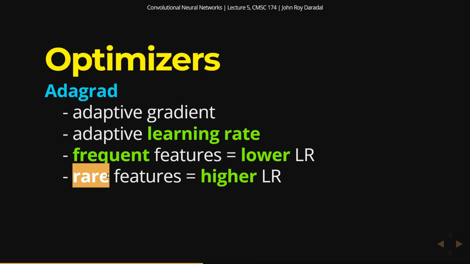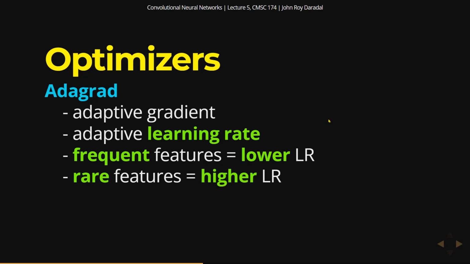So since you rarely update it, you need a higher learning rate for that, because it's still close to random. You need to have a big step to make the change immediate, right? Because if you use a lower learning rate here, then it will not really update the weights too much, or the effect won't be as high. So that is the idea for ADAGRAD.